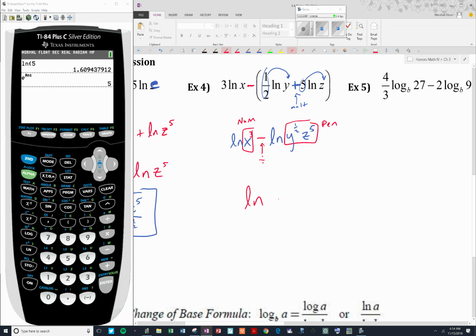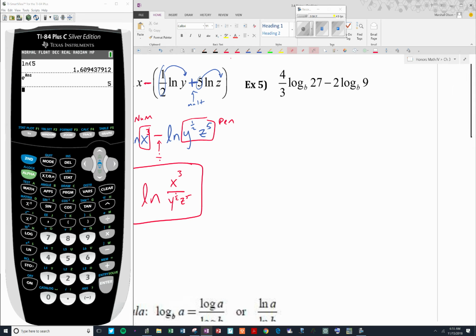So it's going to be the natural log. I'm going to have division, x cubed over y to the 1/2, z to the 5th. And as we're doing this, we're not going to worry about rationalizing that, even though that is the square root of y. We are just working on our skills in condensing and expanding logarithms and then evaluating if we need to.